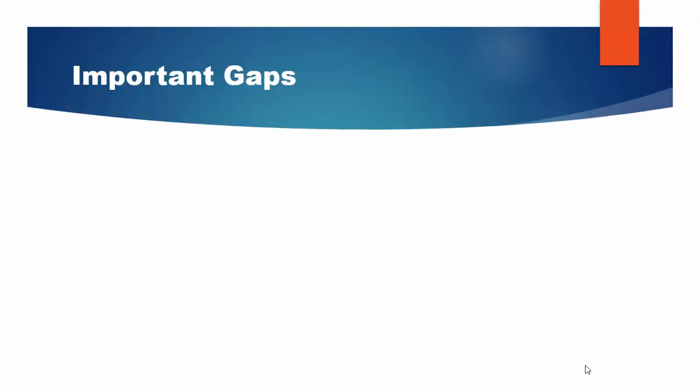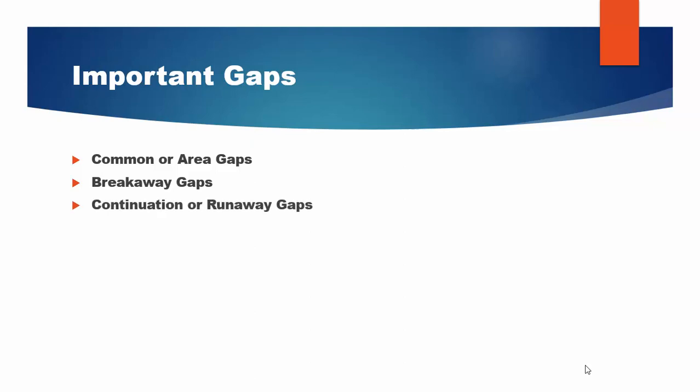We consider the other 4 classes of gaps as important gaps, which we should watch carefully. These gaps are common or area gaps, breakaway gaps, continuation or runaway gaps, and the exhaustion gaps.